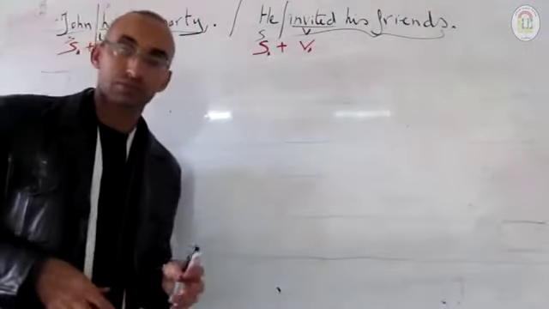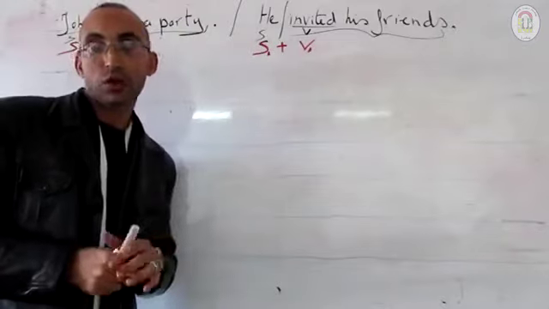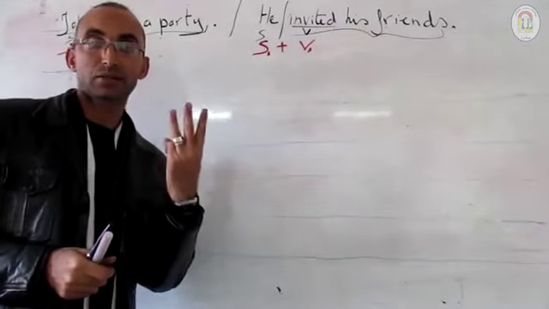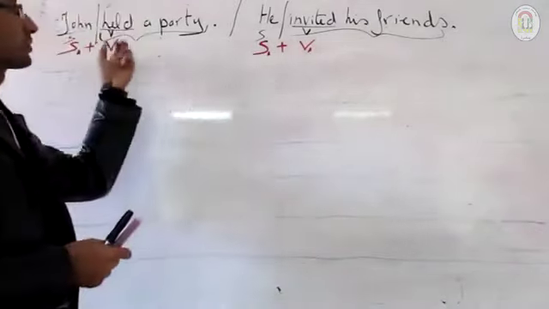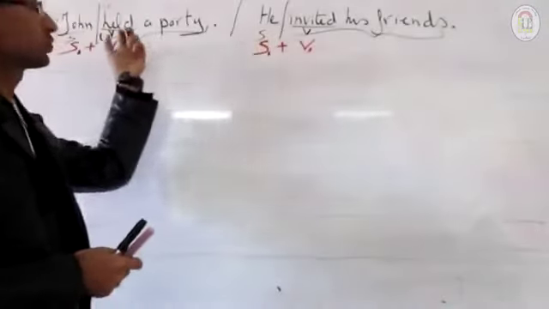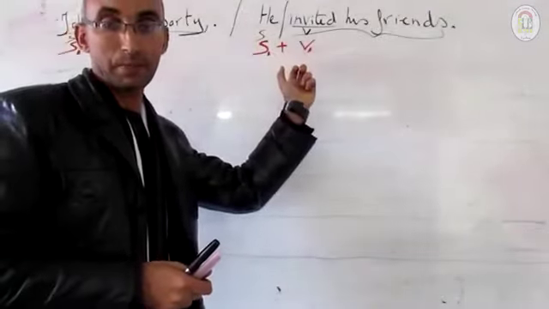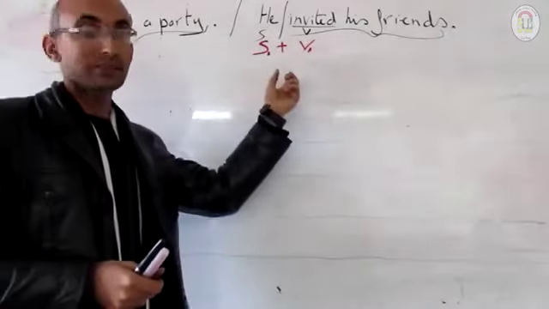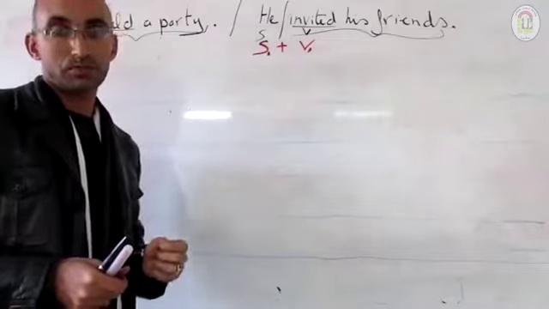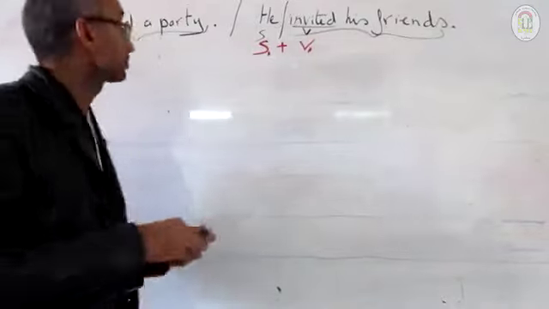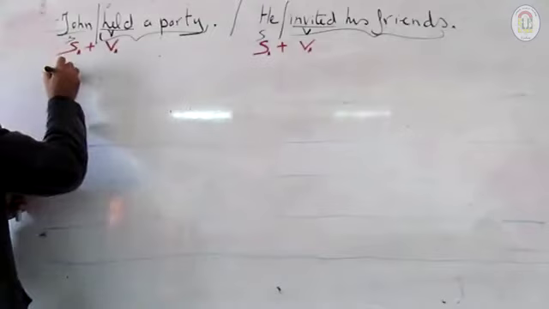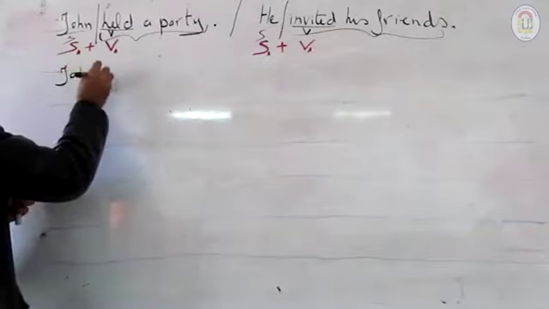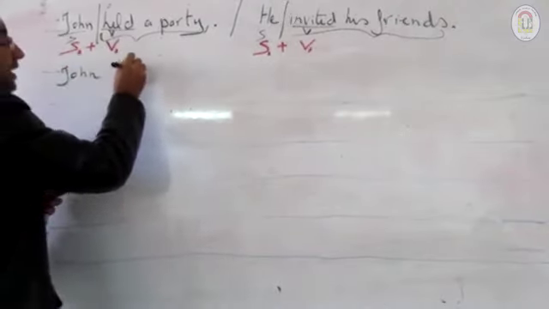Now English has three ways to join these two simple sentences in one complete sentence. For instance, we said, John held a party.